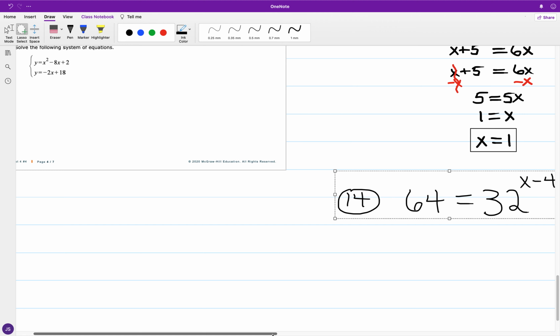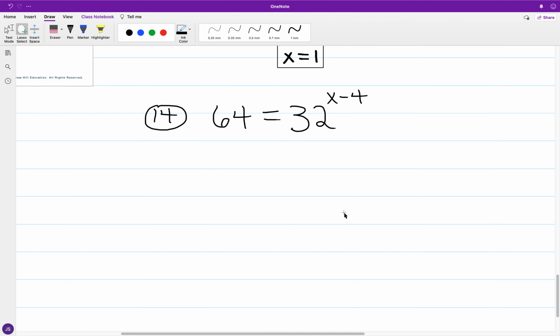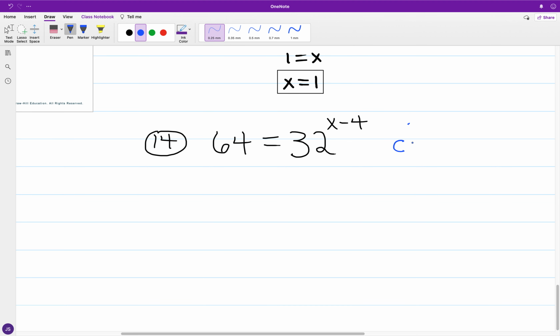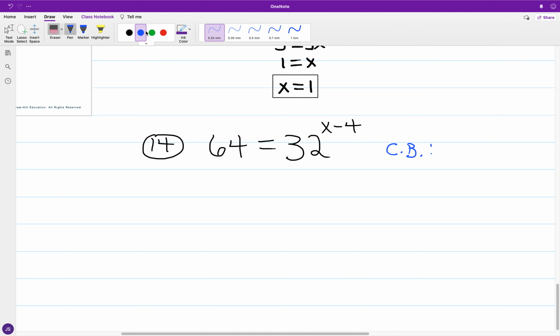So we have 64 equal to 32 to the x minus 4 power. We can treat this as a problem that shares a common exponential base, and that number that will multiply itself into both 64 and 32 is 2.